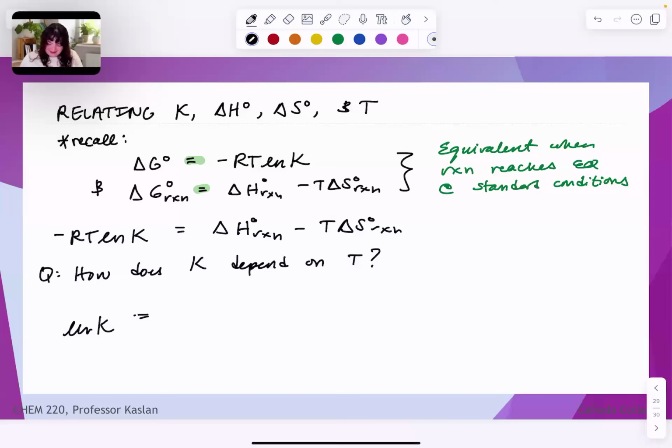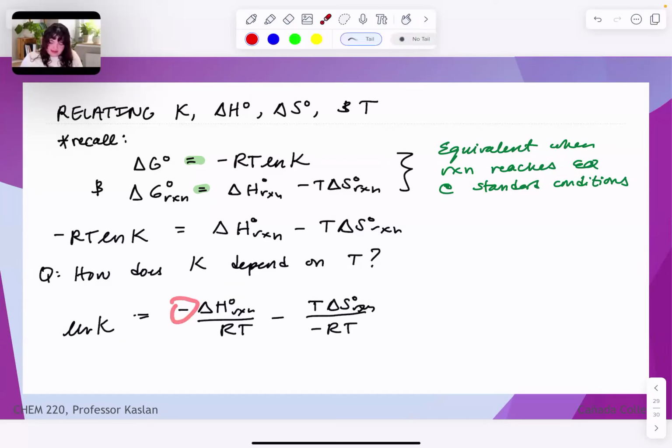So this becomes negative delta H over RT minus T delta S over negative RT. So just note, keeping my negative here and here, this is going to make us a positive, and also we're going to see that temperatures cancel.